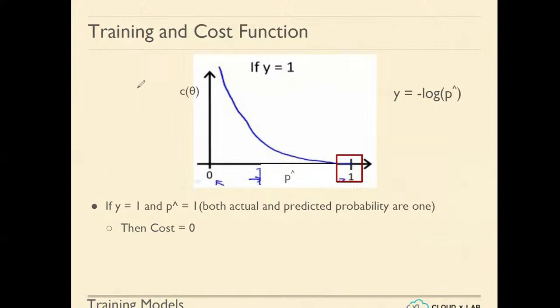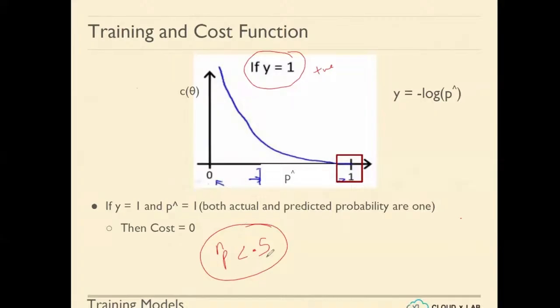Actual class is 1. That input sample actually belongs to the positive class. But let's say the model is saying negative, which means p hat, the output probability, will be less than 0.5, right?